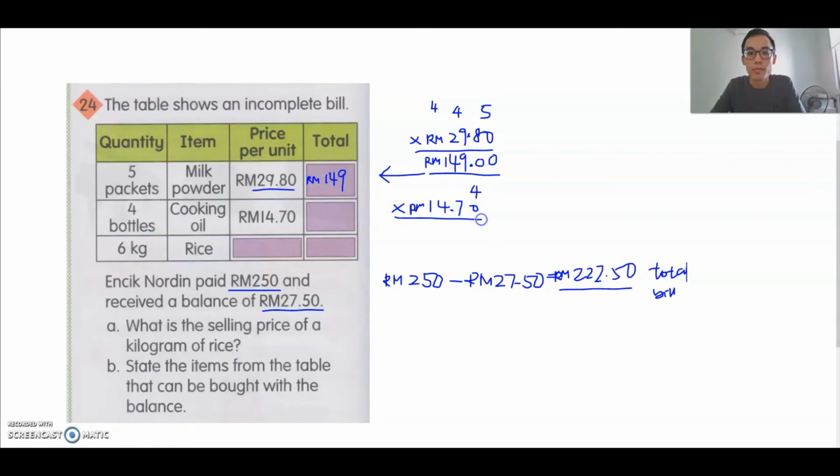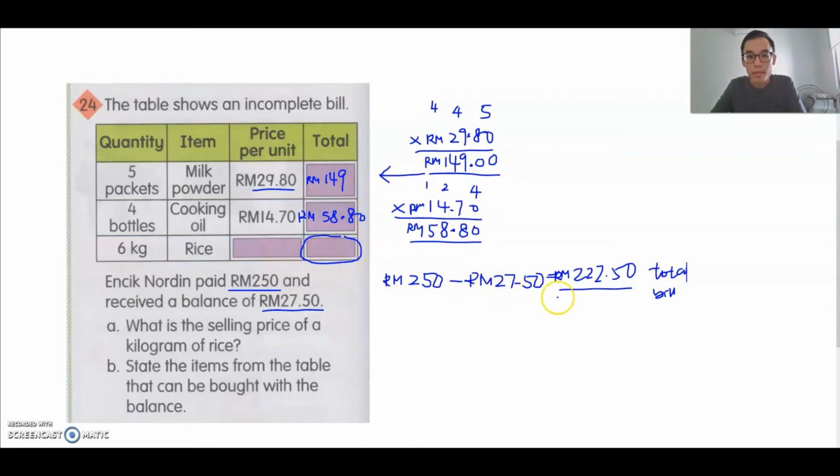So you times 4. 4 times 0, 4 times 7, 4 times 4, 16, plus 2, 18, 4 times 1, 4, plus 1, 5, RM. Decimal point, 2 places. So for the oil would be 58 and 80 cents.